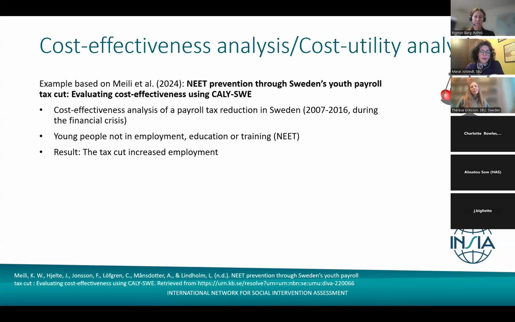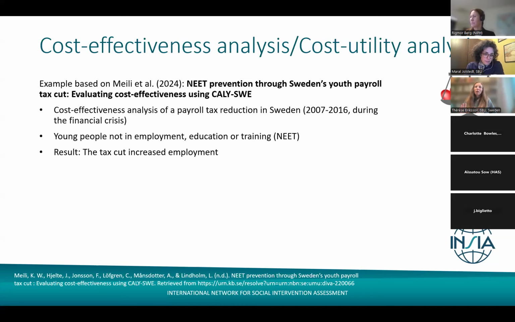So this is a Swedish study as well, NEET prevention through Sweden's youth payroll tax cut, evaluating cost effectiveness using QALY. It's a cost effectiveness analysis of a payroll tax reduction in Sweden during the financial crisis, aimed at young people not in employment, education, or training.